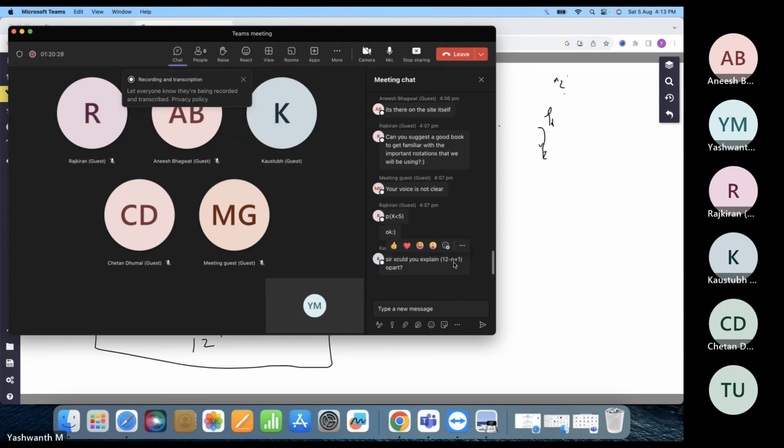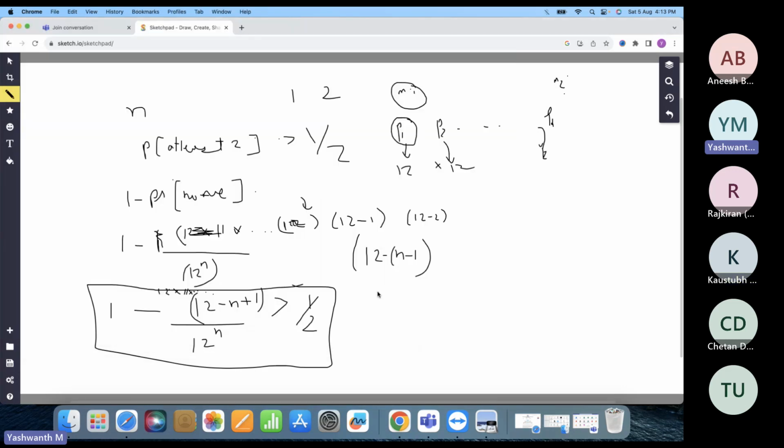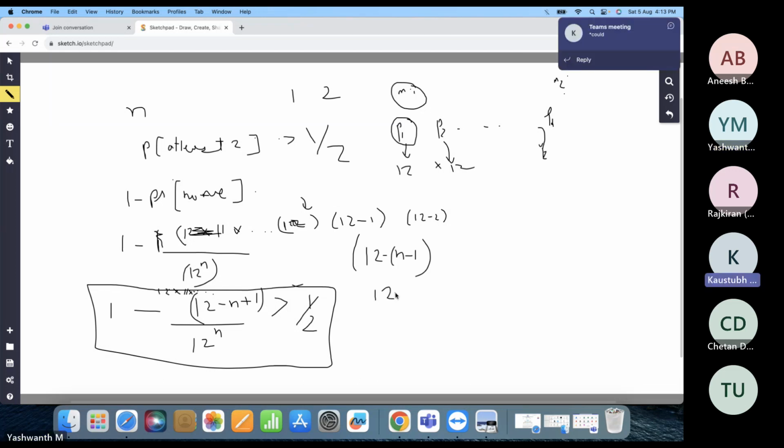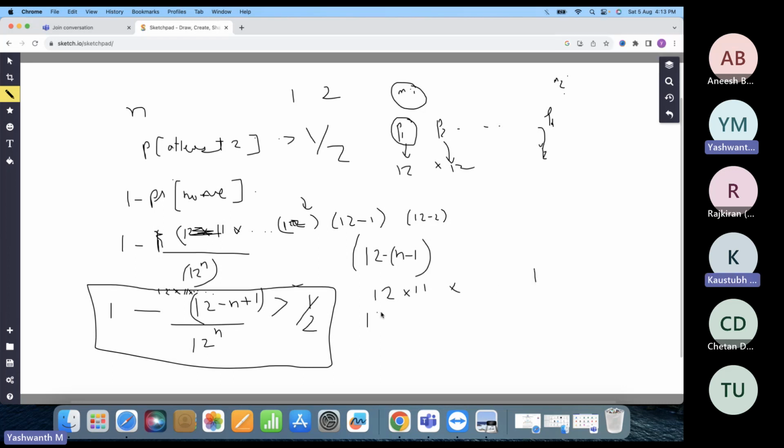The 12 minus n plus 1 part, right? Okay, so the first person can have 12 choices. If you have only 12 people, how many ways can different persons have different birthdays? That's just 12 into 11 into so on down to 1, that's 12 factorial.